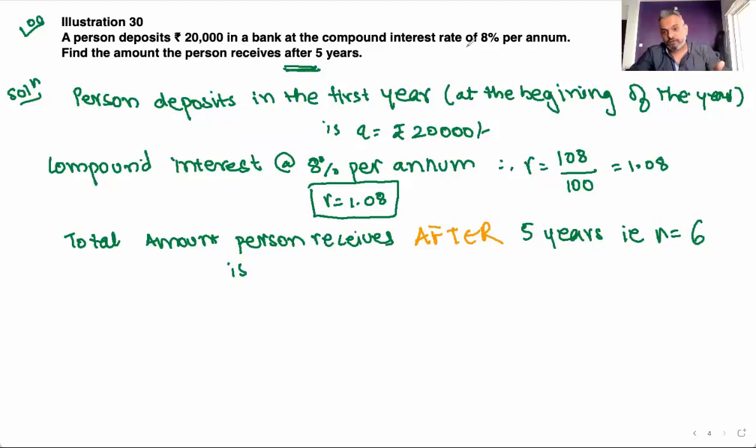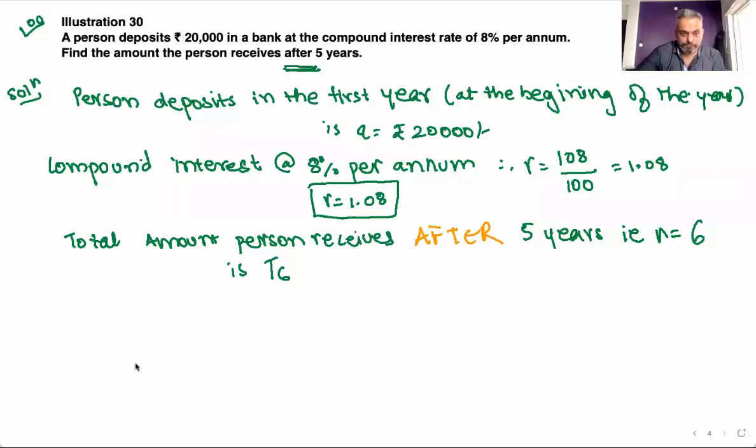So at the end of first year, he will get 1600, which will be added to his bank balance or deposit balance, and it will become 21,600. Then again on that 8% will be added. We have to find the amount he receives after 5 years. So we have to find T6.